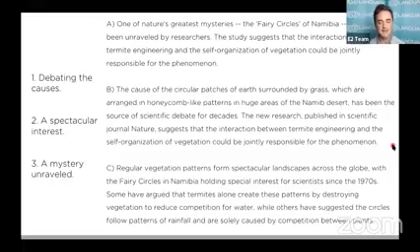Thirty seconds left. 5, 4, 3, 2, 1, and fine. What are the answers? Well, number 1 was debating the causes.